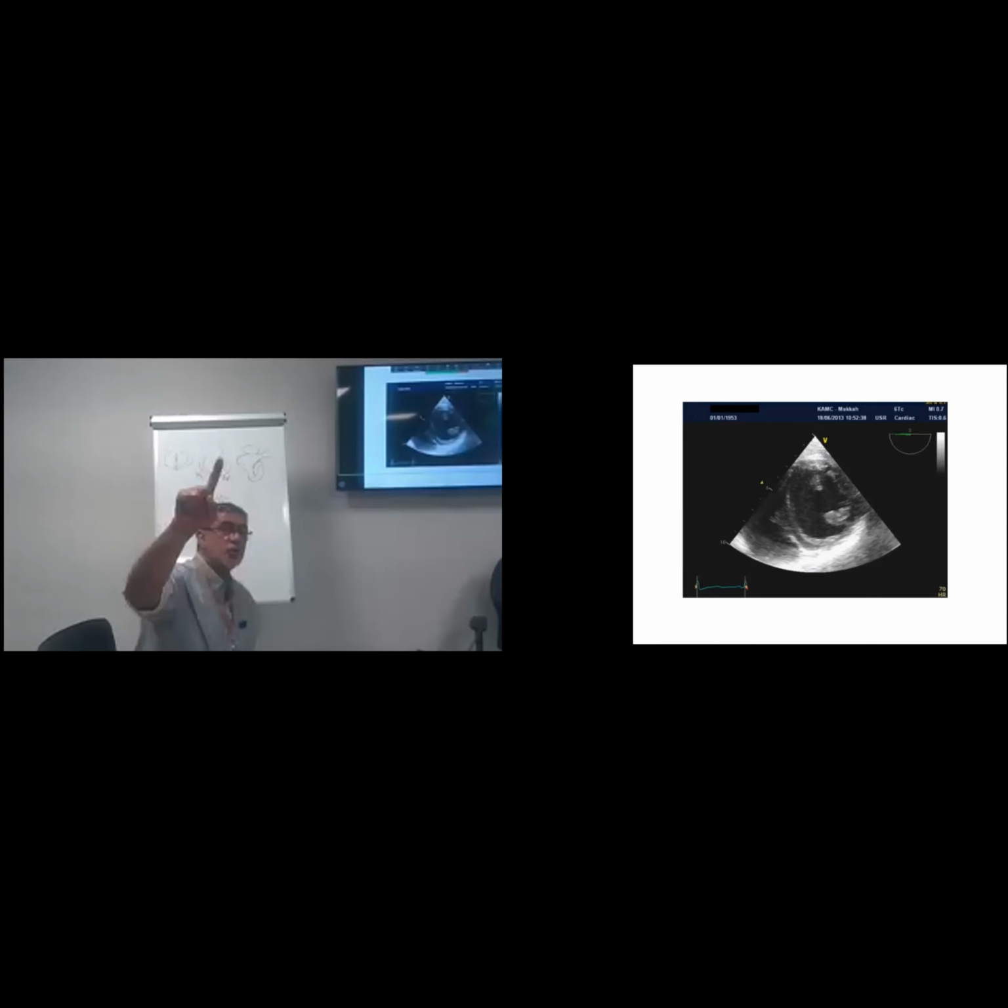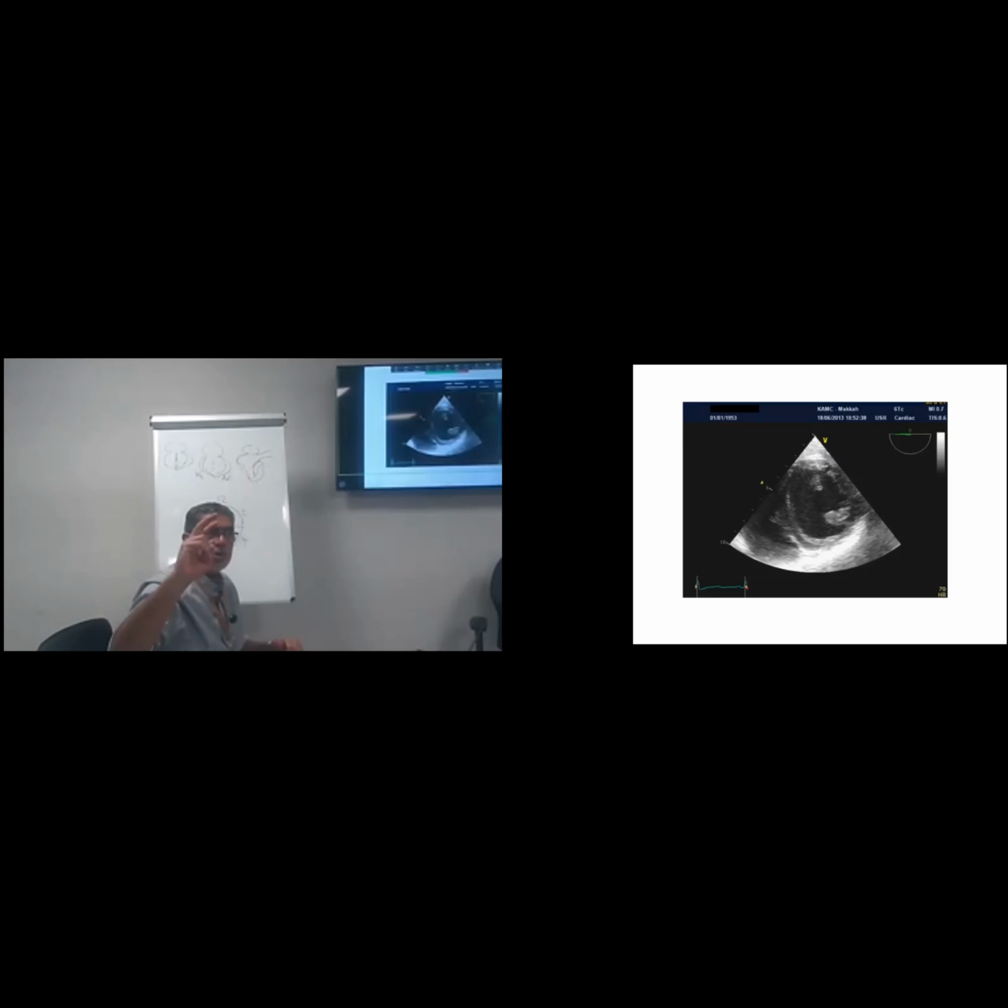Not two views: short and longitudinal, here and there. We said this is the most important for us also, 1, 2, 3, 4. So you need to comment again. If you see hypokinesia in the short axis, you need to confirm it in the longitudinal axis.